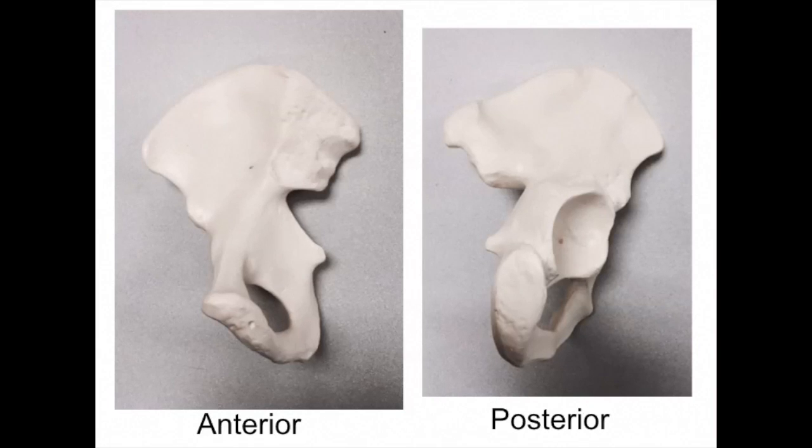This is an anterior and a posterior view of the coxal bone. In the posterior view, you can see the acetabulum here, which is where the head of the femur articulates. You can see the pubic tubercle here, and the ischial ramus, located here.